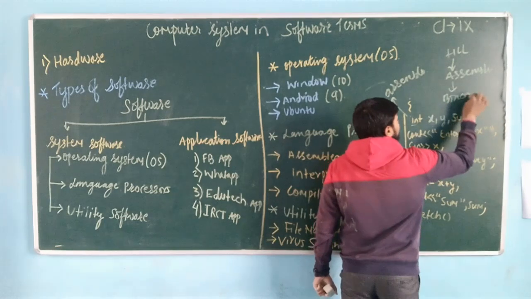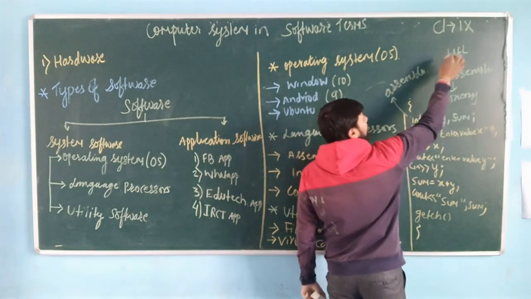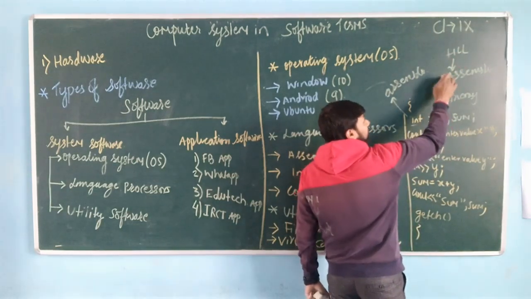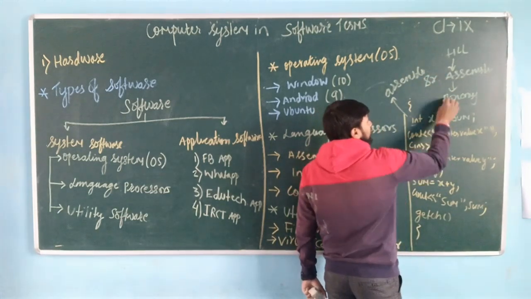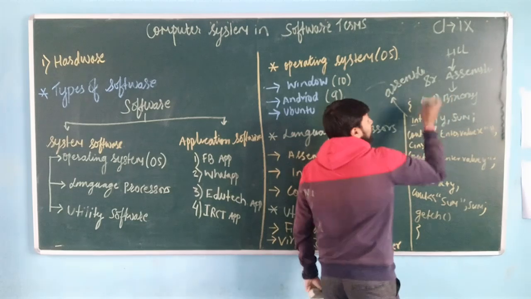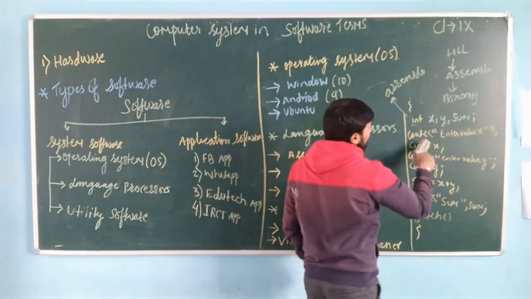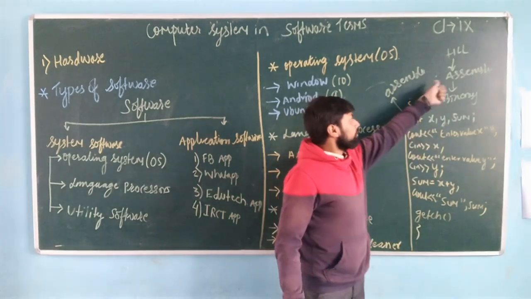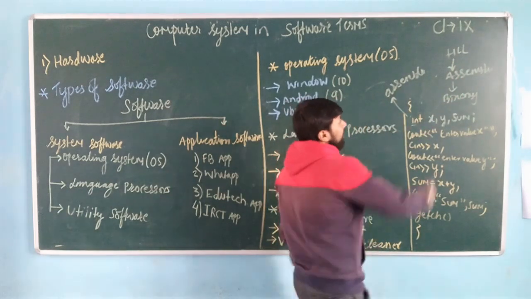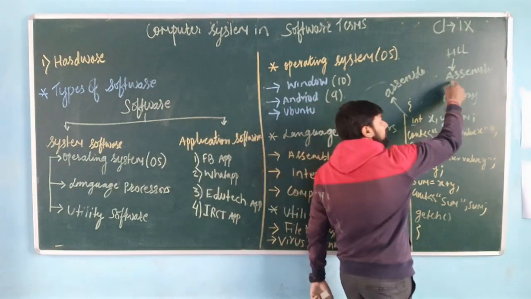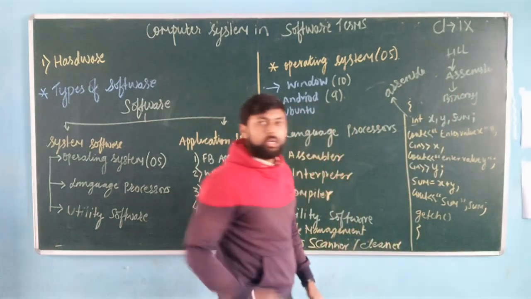Okay, this is ABCD, this is assembly level language, something like that, and this is binary, 0 and 1. Now see, first this instruction will convert into assembly level language, and after that it will convert to the binary language.